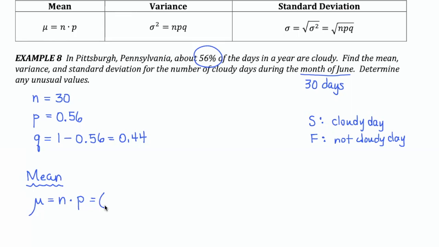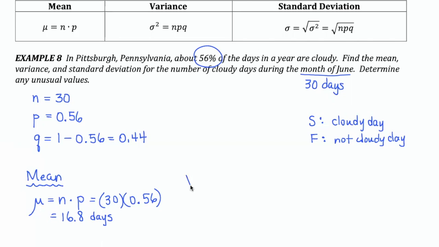So I'm looking for 30 days times 0.56 successful cloudy day, and I get the average to be 16.8 days. So on average, I can expect to get 16.8 cloudy days in the month of June.